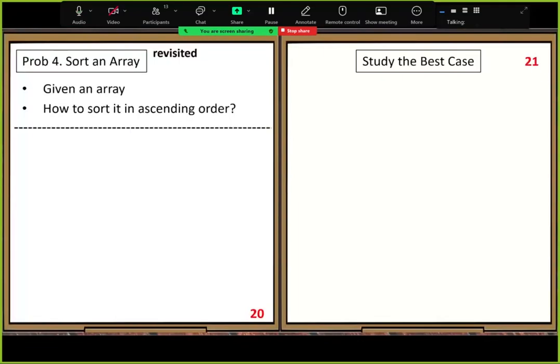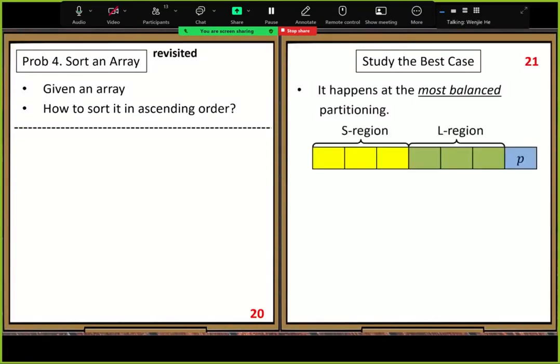Let's look at the most balanced partitioning: the S region and L region are almost the same size. That's the best case situation. Then the recurrence relation for this most balanced way.